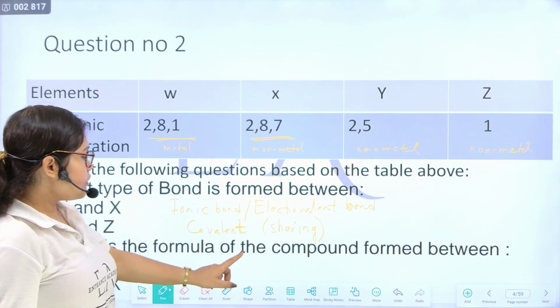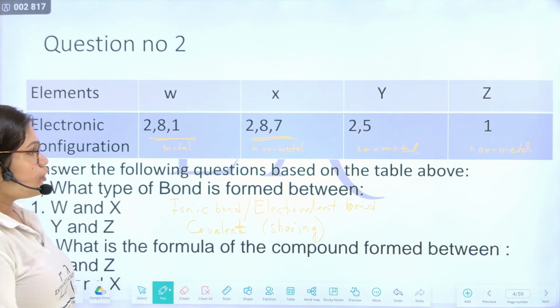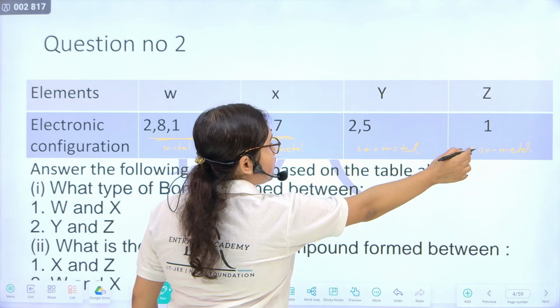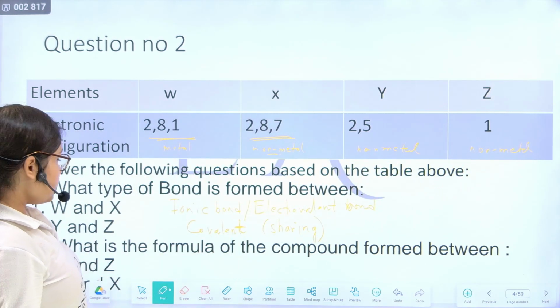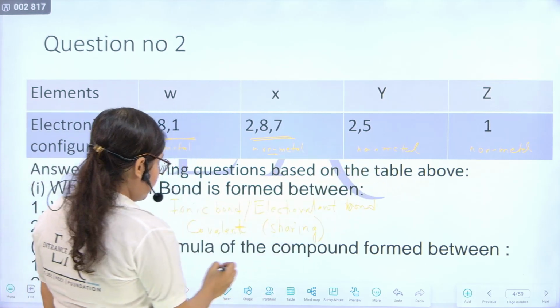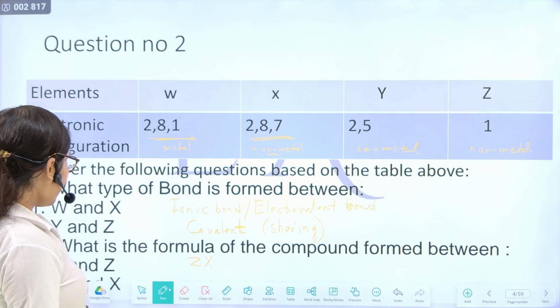What is the formula of the compound formed between W and X?